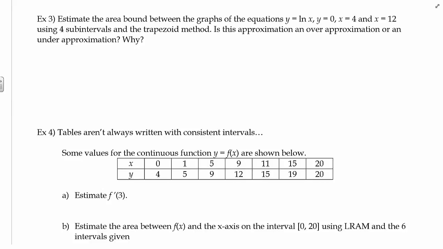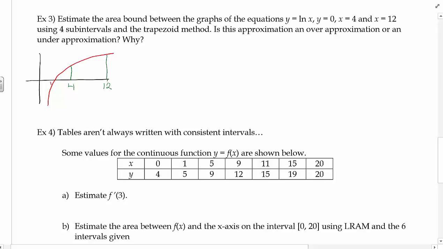Estimate the area bound between the graphs of y equals ln x, y equals 0, which is the x-axis, x equals 4, and x equals 12. All right, so y equals ln x looks like this. And it intersects at 1. And I'm finding area between 4 and 12. I'm going to use 4 intervals in the trapezoid.